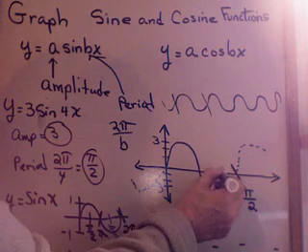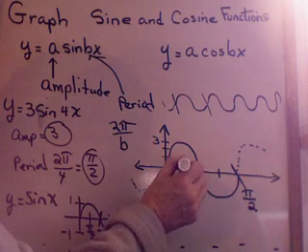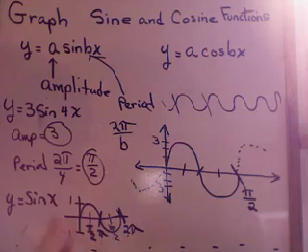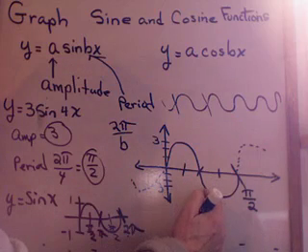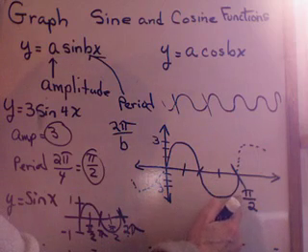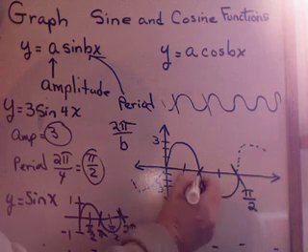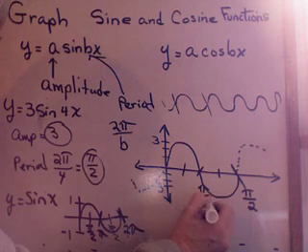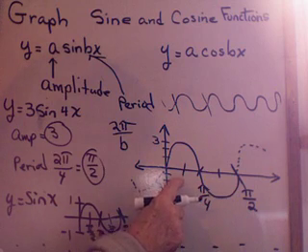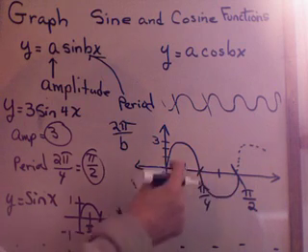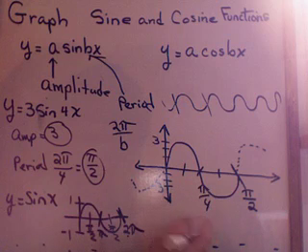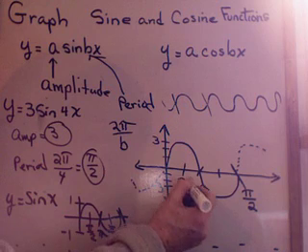Now the hard part, figure out what these other divisions are. I like to do halfway first. So what's half of pi over 2? So do 1 over 2 times pi over 2. How about pi over 4? What's half of pi over 4? Because now I want to do halfway again. 1/2 times pi over 4 would be pi over 8.